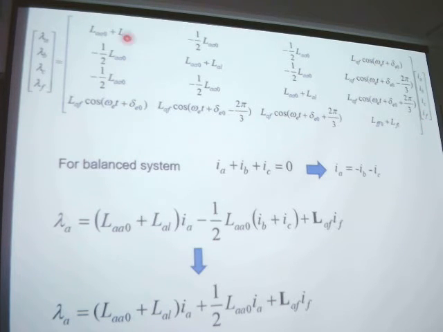This is the matrix calculation. We get this equation and replace the IA with minus IB and IC. We can get the final equation. The final version here.